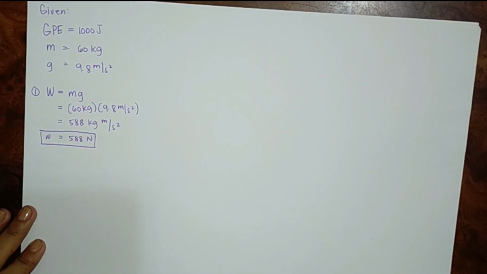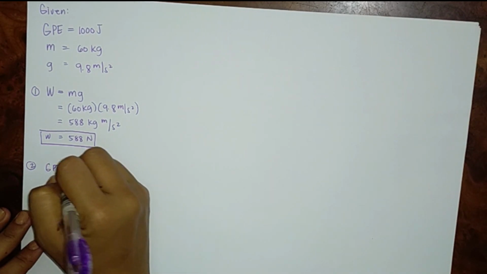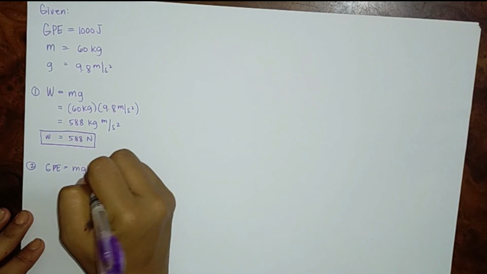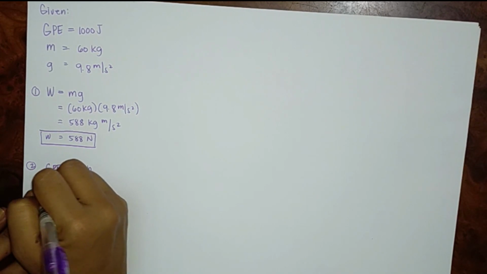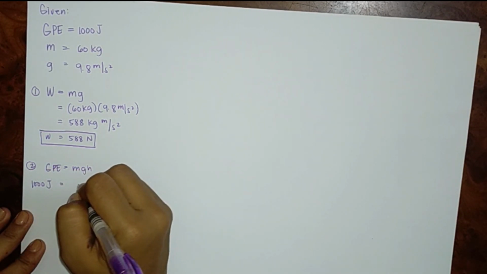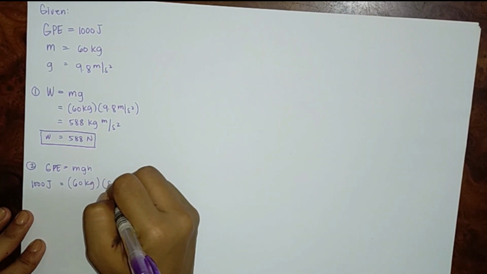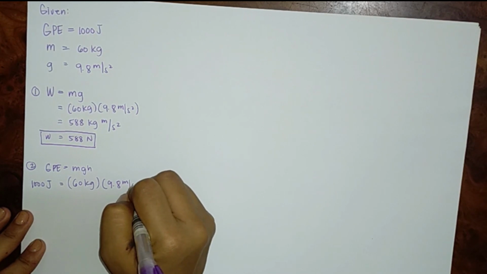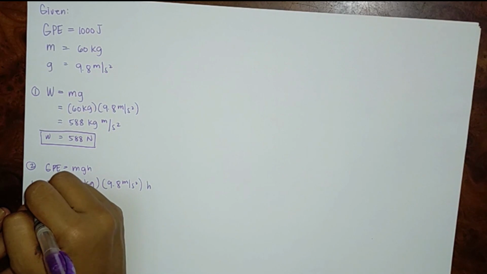Okay, so let's go to the calculation of the second unknown, which is the height of the hill. In solving for the height of the hill, we are going to use our equation GPE is equal to mgh, where GPE is 1000 joules, equal to the mass, which is 60 kilograms, times 9.8 meters per second squared, times the variable h.